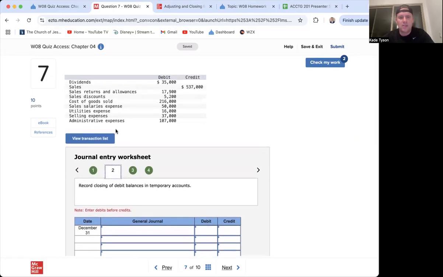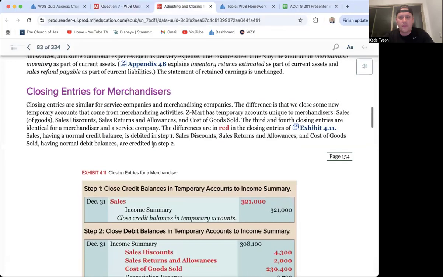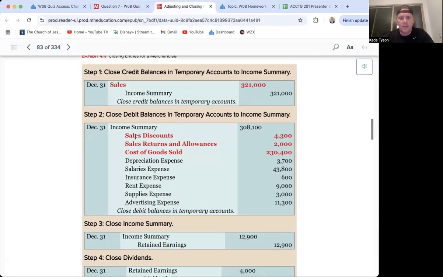Now we're going to go over to the debit account. The debit balances now, merchandiser does vary a little bit from, and you can see that in the book, from services or retailers, in that it does include sales discounts, sales returns and allowances, and cost of goods sold.